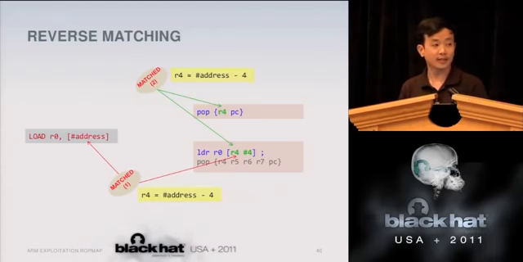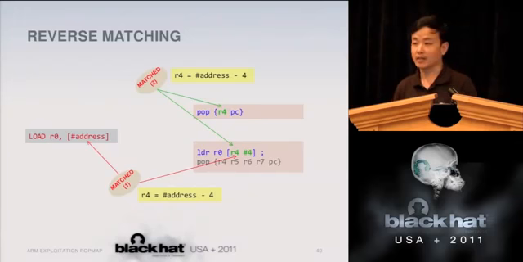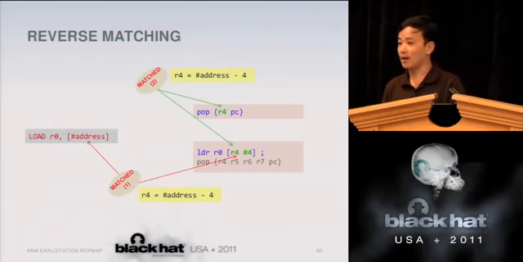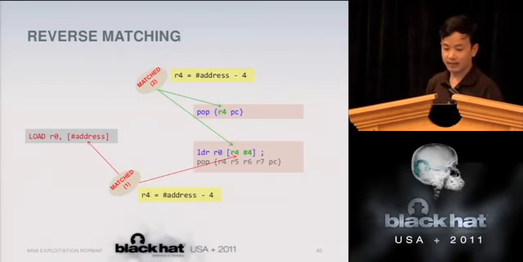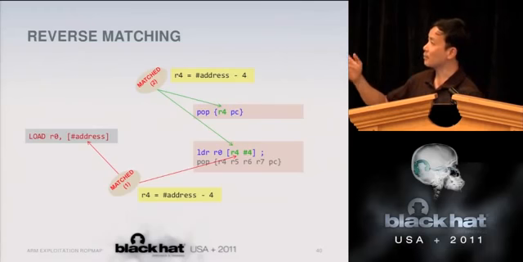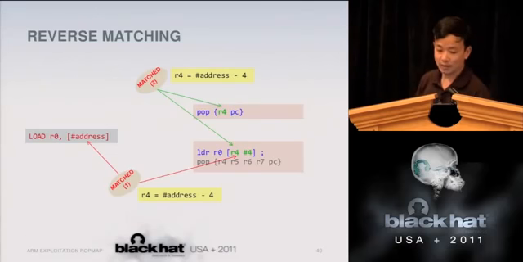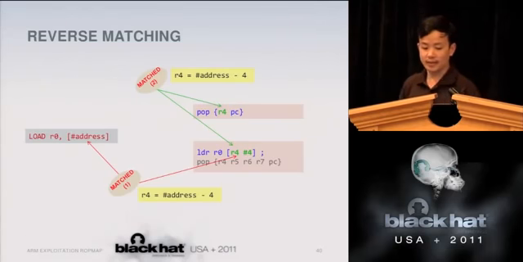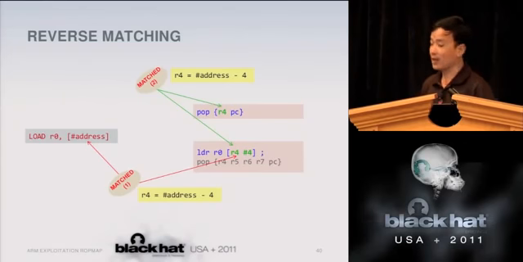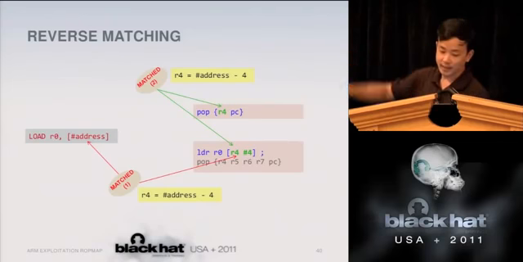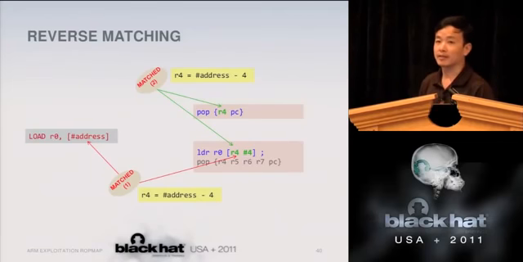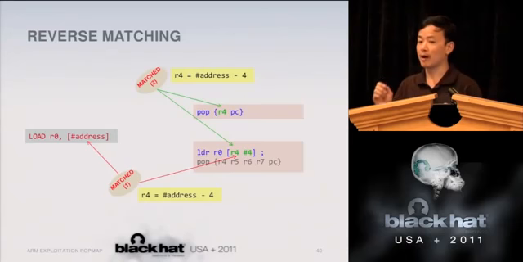In other words, R4 must be address minus 4, right? Then we travel back to the pop R4, PC. So R4 plus 4 is matched, and that value is propagated back, so R4 is address minus 4. That is our value on the stack.